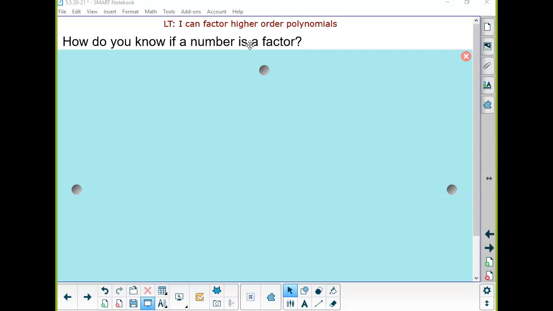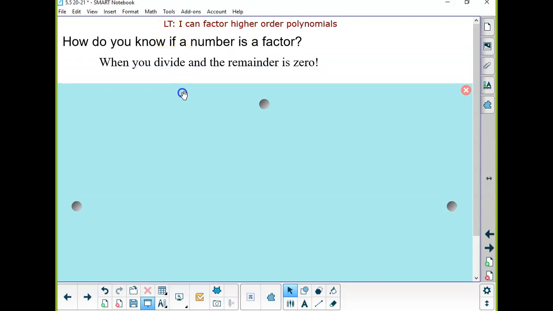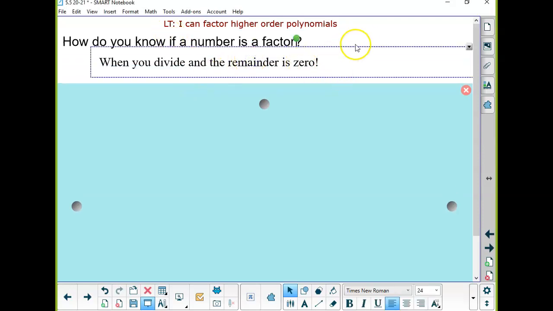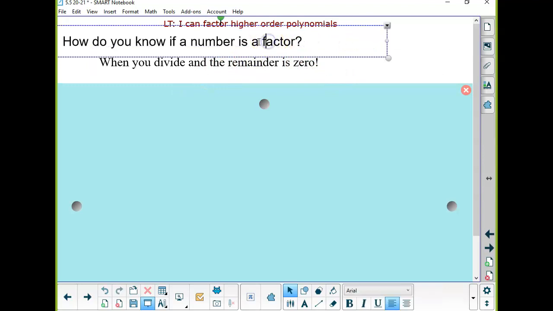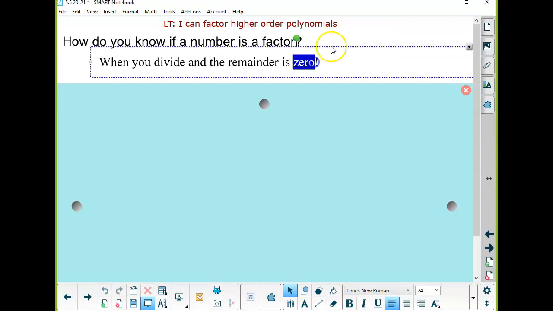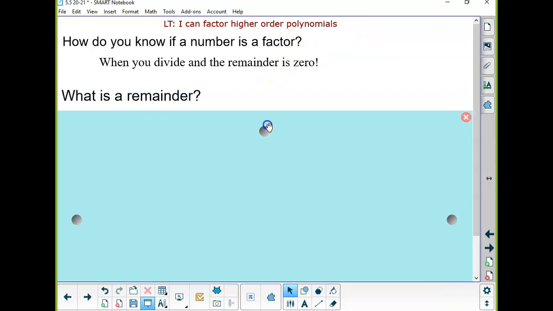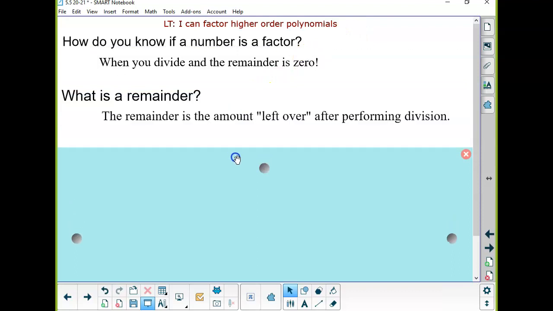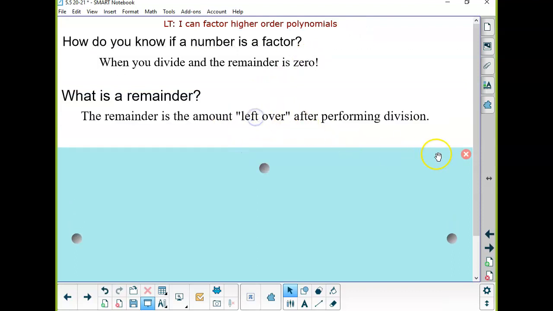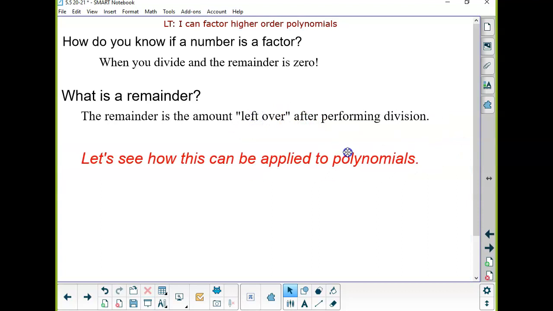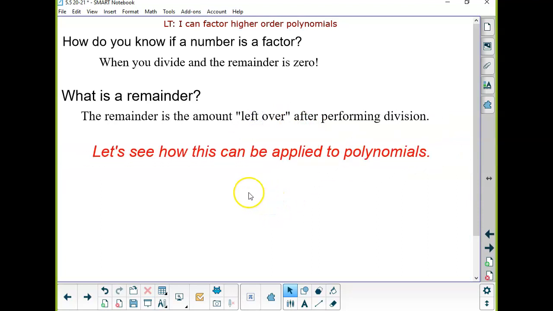There's nothing left over. So your remainder is 0. And that's just important to notice. If something is a factor, then you will not have a remainder. Your remainder will be 0. Okay? Well, again, what is a remainder? It's the stuff that's left over after performing division. So let's see how this works with polynomials.